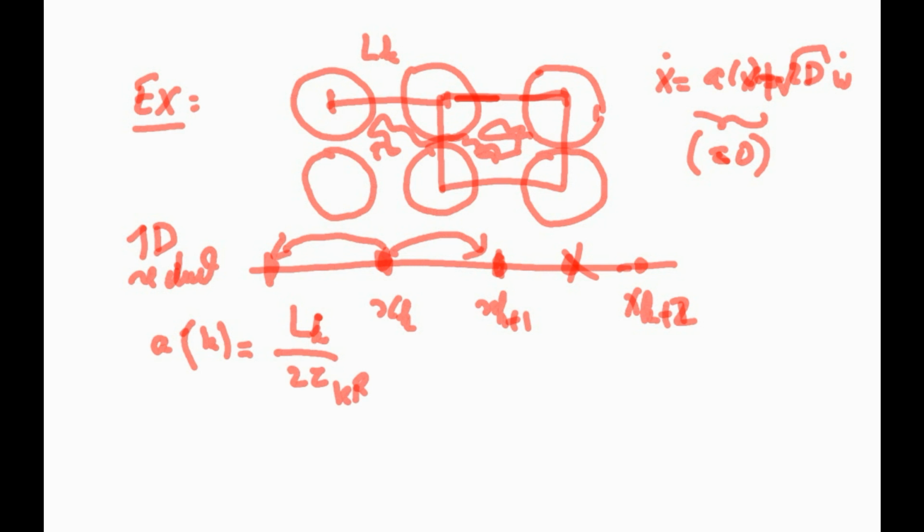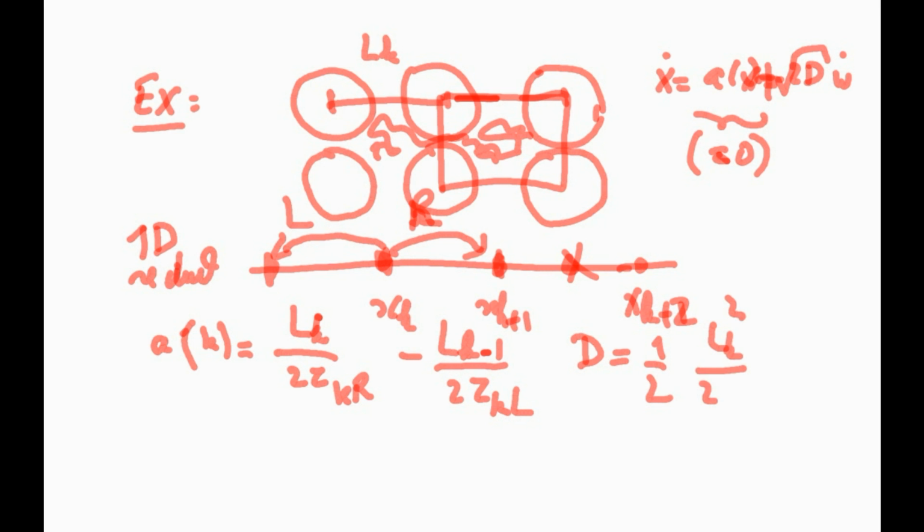So this is a time to escape to the right when you are at k, and this is left, minus Lk minus 1 divided by 2 times k left, while the diffusion coefficient is simply 1/2 of Lk squared divided by 2 times k right plus Lk minus 1 squared divided by 2 times k left.